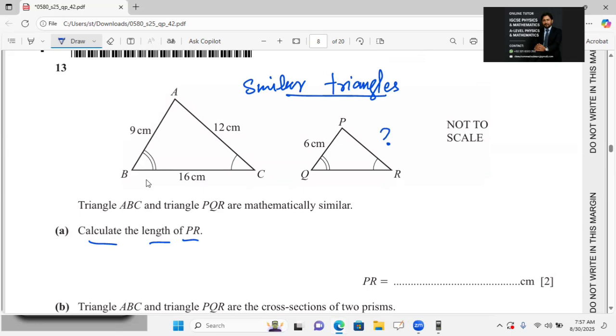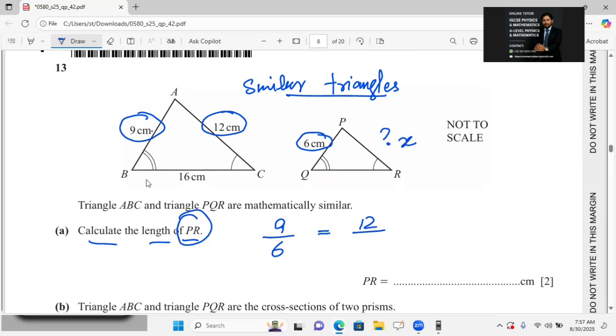For this purpose, I have this length 9, this length 6, this length 12, and this length, let's suppose, X. So I am taking 9 over 6 as corresponding side is equal to 12 over X. If I say PR, because here I need PR, so I'm saying PR.